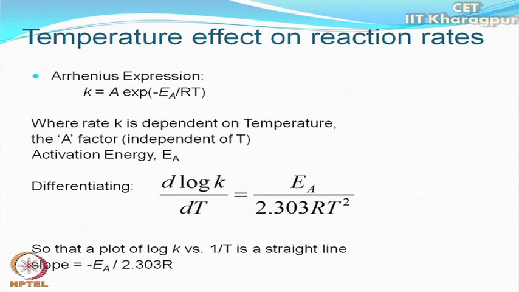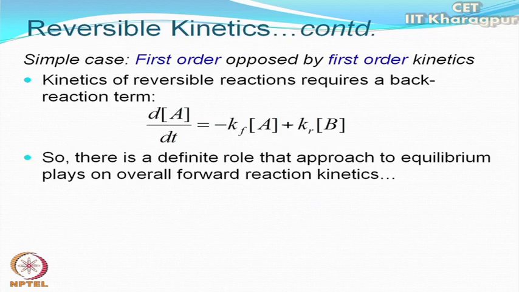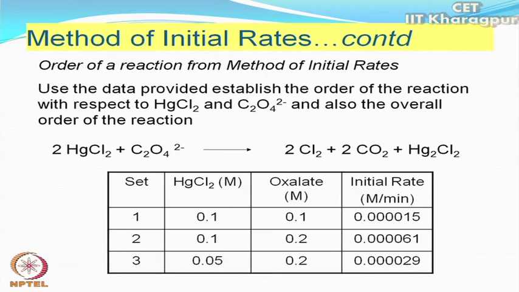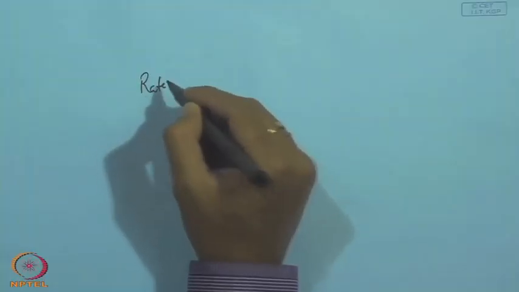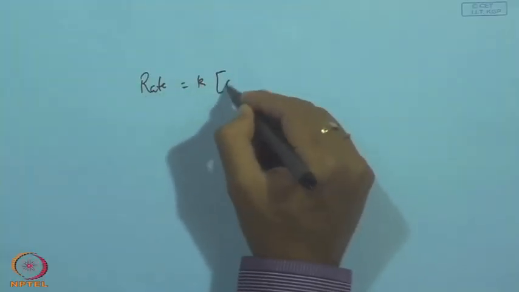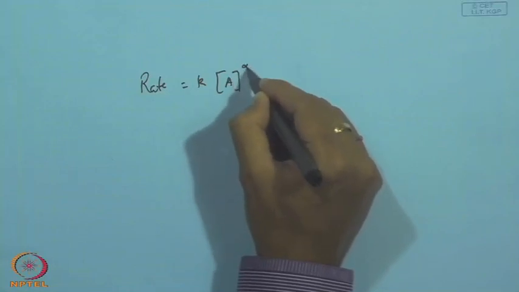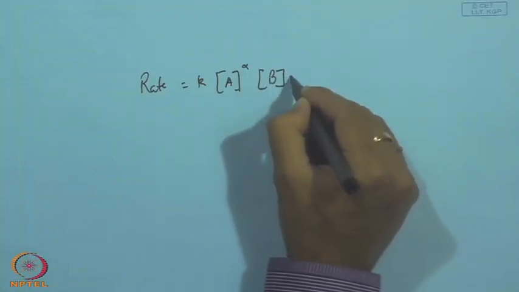Okay. So, what we have learned in this particular part of the discussion is how to use the initial rate method to find the rate equation, that is, rate equals k times A to the power alpha times B to the power beta.